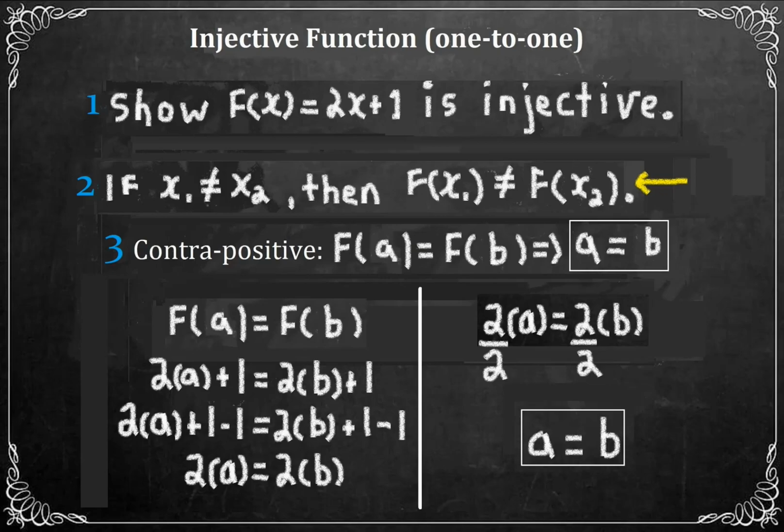Column 2, divide each side by 2, which just leaves a equals b. The white boxes are a match. Thus, we've shown 2 times x plus 1 is injective. In both examples, we directly proved the contrapositive using algebra.